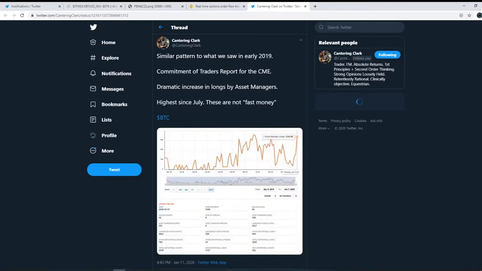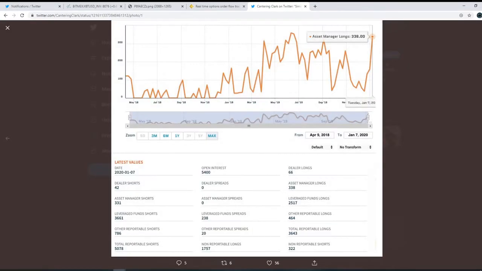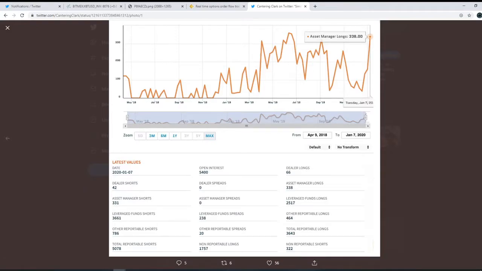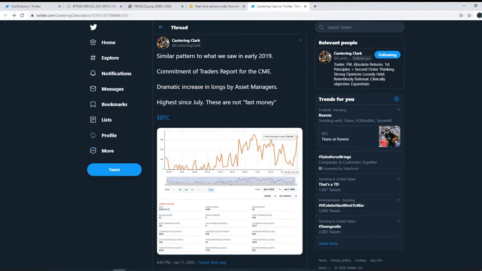Oh yeah. Asset manager longs is these for Bitcoin? Interesting. Yeah, they're ready for one more pump. I don't think it'll go over 10,000 though. I think it'll pump.